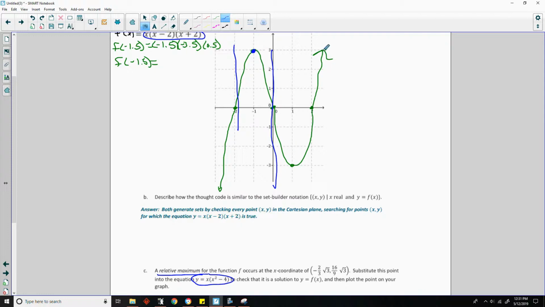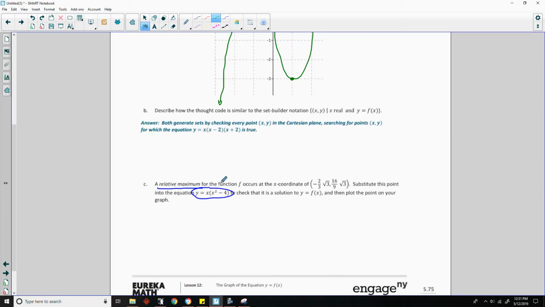So this is a relative maximum, but notice that this function continues up here. So this point up here is higher than this point over here, but relative to this domain, this is a maximum in here, even though it goes higher somewhere else, if that makes sense to you. That's what a relative maximum is.